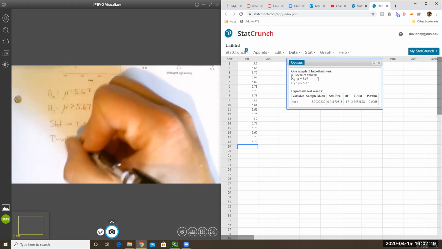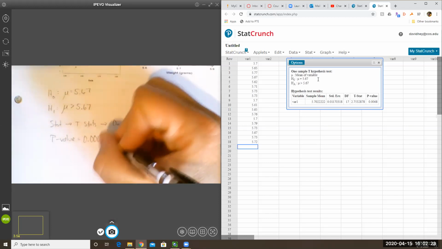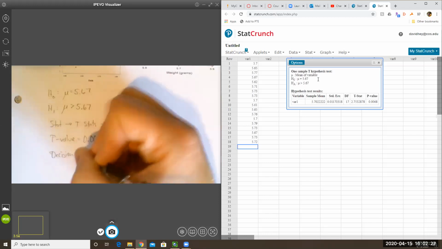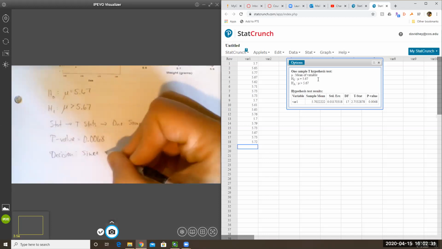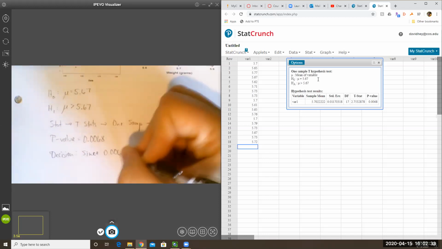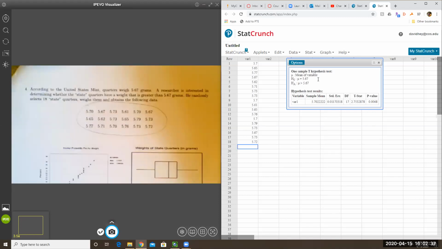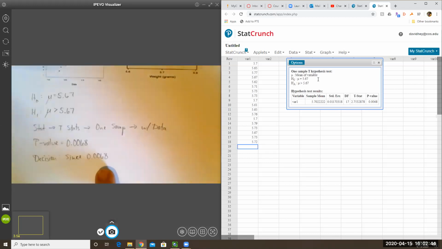So let's write some things down. What was our level of significance here? Well, it didn't say, did it? We weren't given a level of significance. It doesn't really matter though. This p-value is so small.